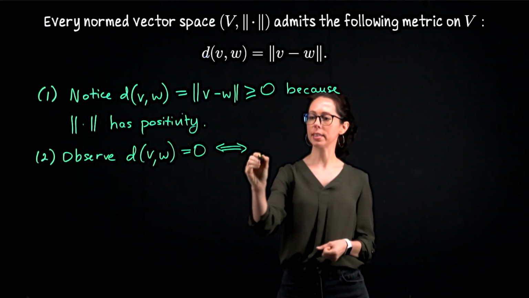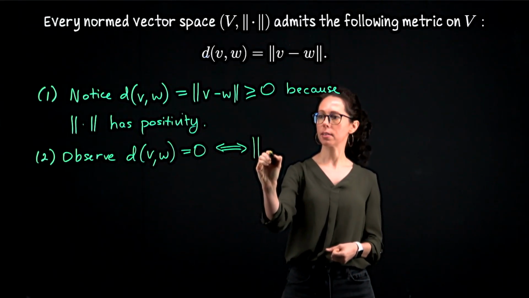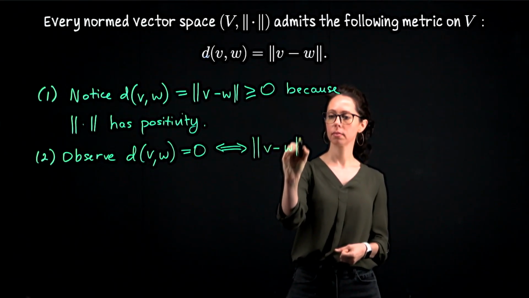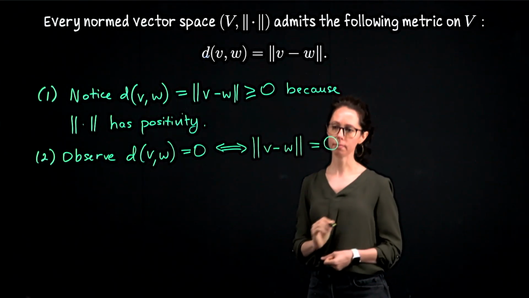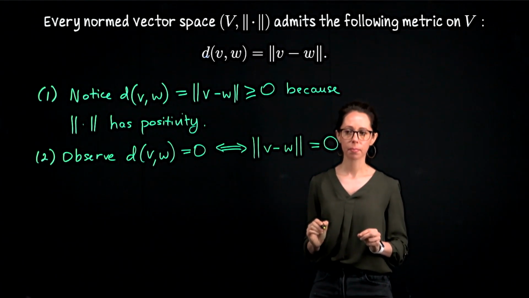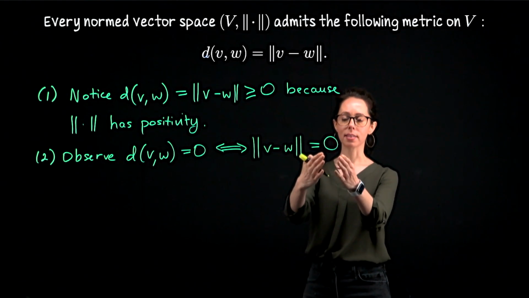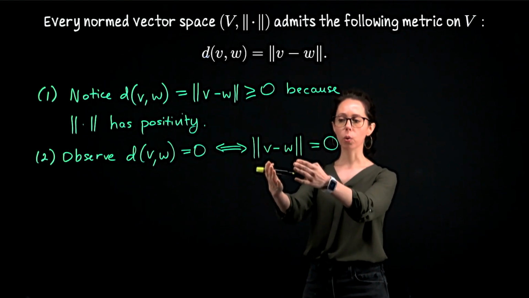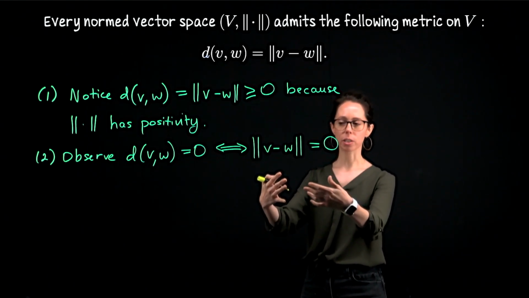I'm just going to restate how this metric is defined. But norms are non-degenerate. So if the norm of something is 0, then what you took the norm of had to be the origin in the vector space.